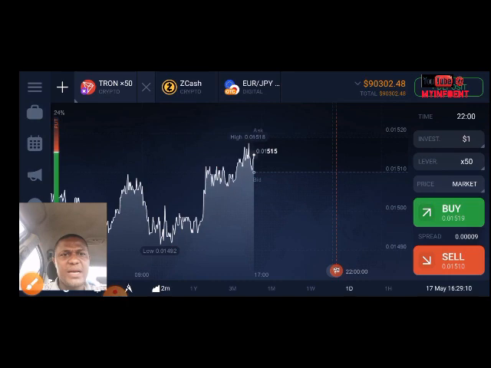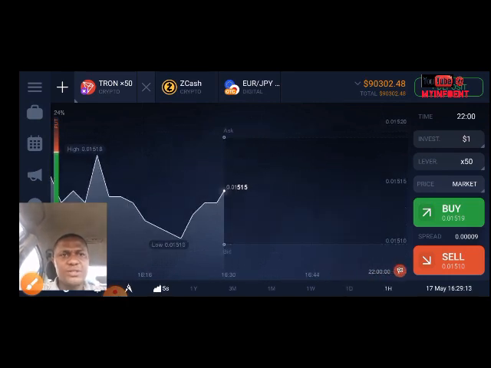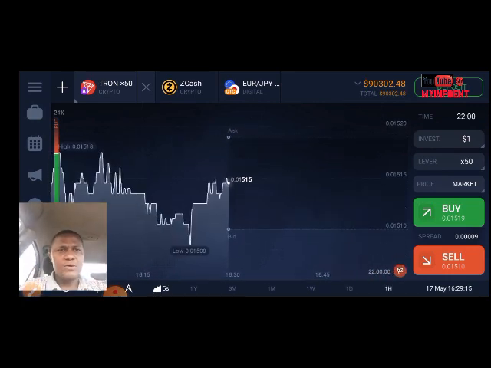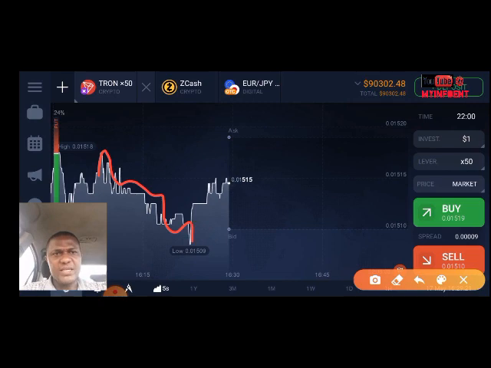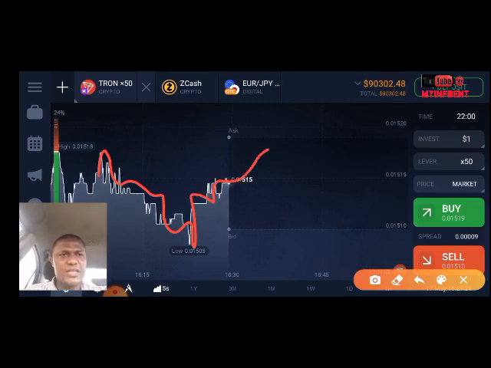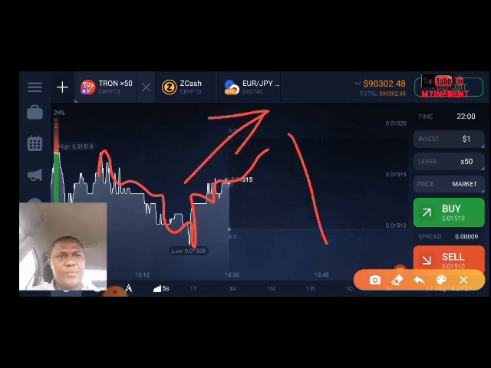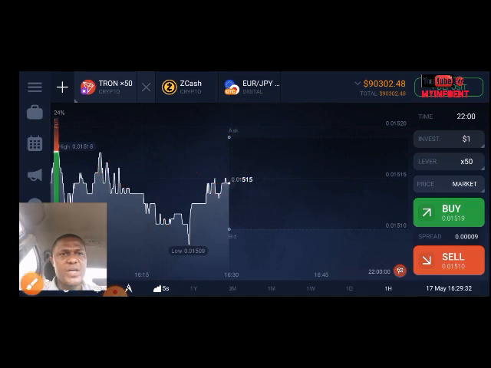These are price movements, and it's called trend. Let me zoom it out. All this price movement is called trend. The asset is trending. It can be an upward trend or a downward trend. So that is what trend means.